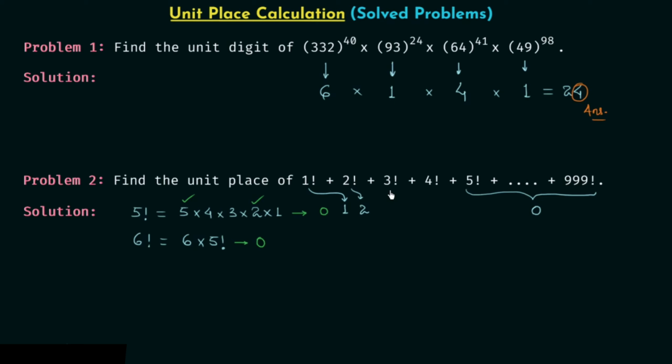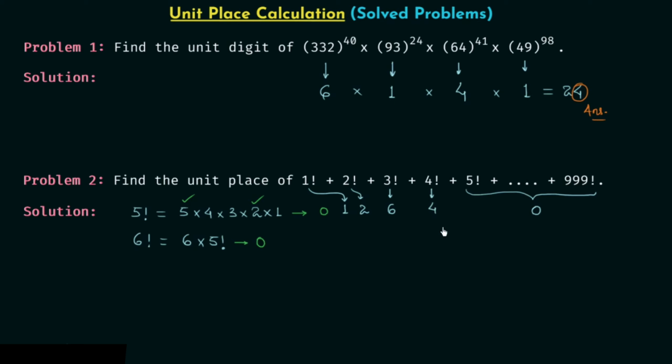Therefore, from here we will have 6 at the unit place. 4 factorial is equal to 4 multiplied to 3 multiplied to 2 multiplied to 1, which is equal to 24. 24 has 4 at the unit place, and therefore 4 factorial will have 4 at the unit place.